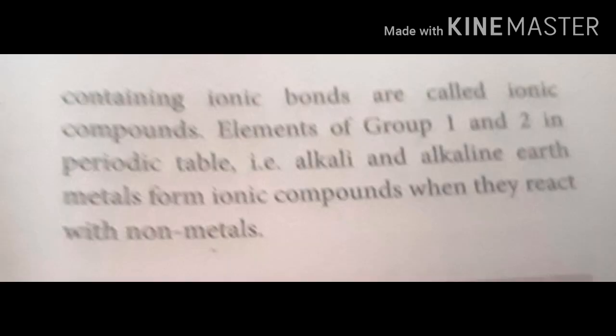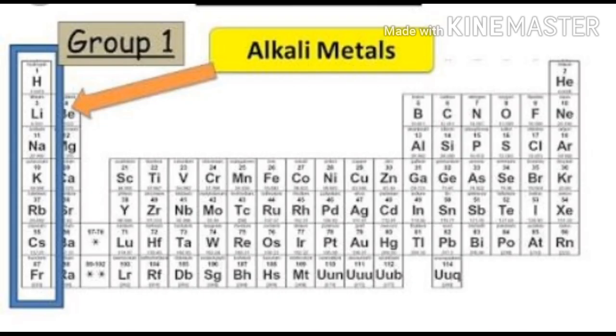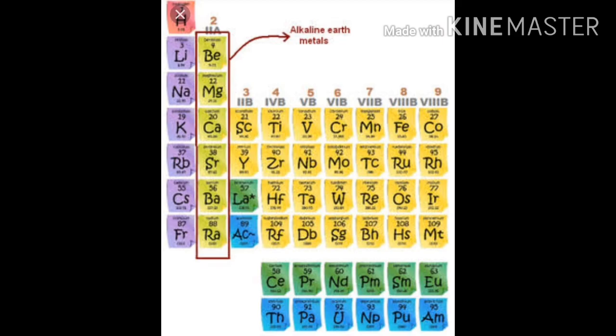The compounds containing ionic bonds are called ionic compounds. In the periodic table, if you look at the periodic chart, the first vertical column and second vertical column are called group 1 and group 2. Group 1 is alkali metals and group 2 is alkaline earth metals. These metals form the ionic bond when they react with non-metals.